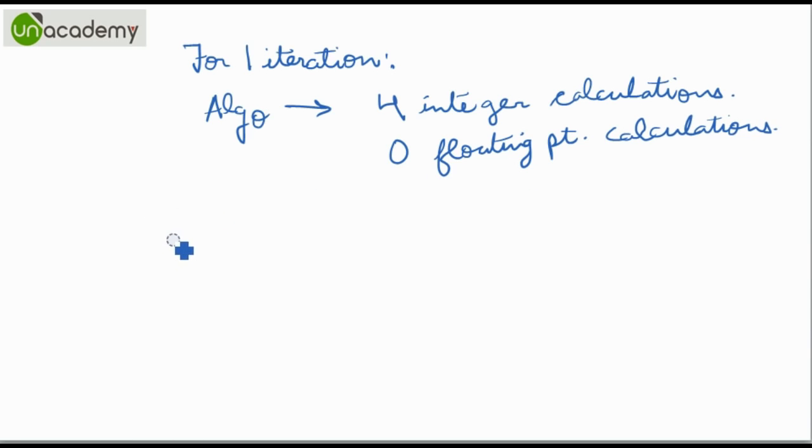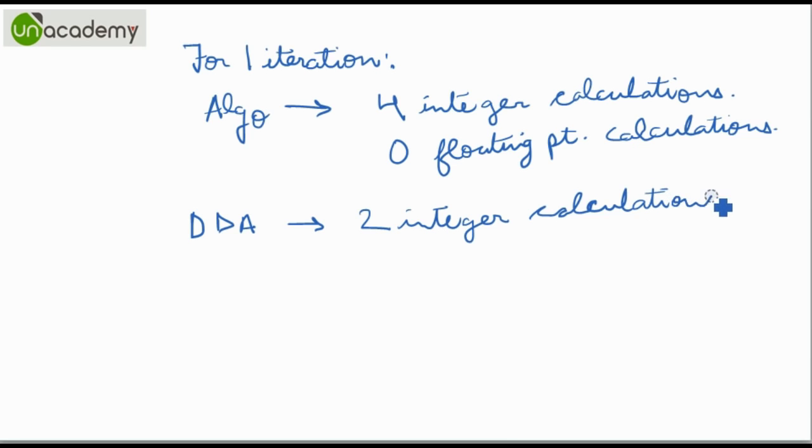In the other line drawing algorithms, such as digital differential analyzer, also known as DDA, we have 2 integer calculations and 4 floating point calculations.